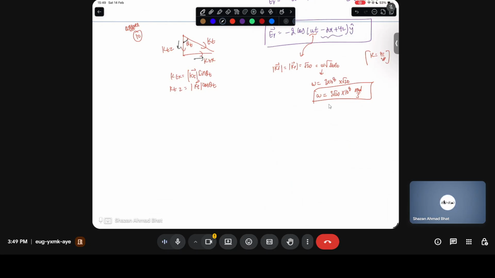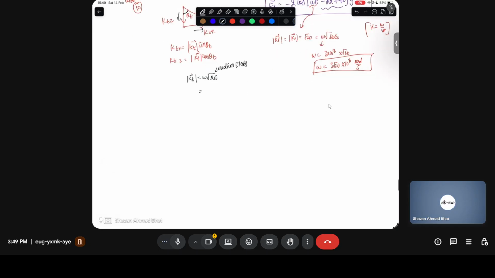And now you can write the kt magnitude in terms of omega under root of mu epsilon. Now this is inside the medium. This is basically the slab. This is not the free space one. Okay, you can write it in terms of 3 square root of 20 into 10 to the power 8, which is basically omega, and you have under root of mu naught epsilon naught into epsilon r mu r.